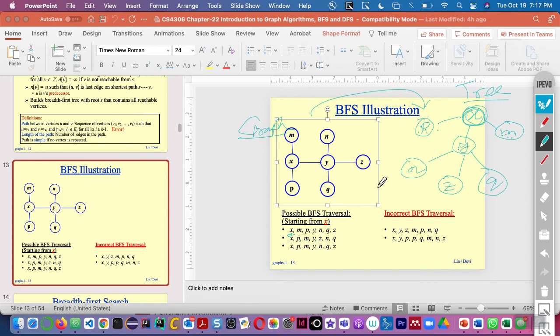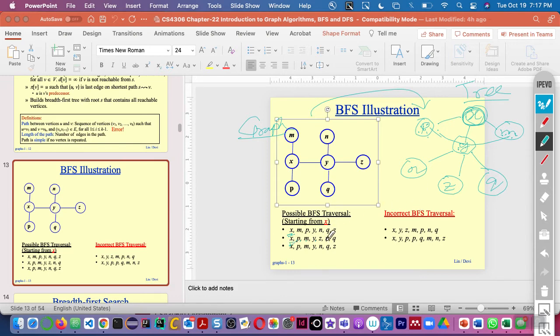So consider it that way. Starting from X, we need to go to this second level, and it can have multiple orders. It can be P, Y, M, or P, M, Y. If you start from P, then come this way, or if you start from M, Y, come this way or this way. This is why there are variations, but the starting point is X.